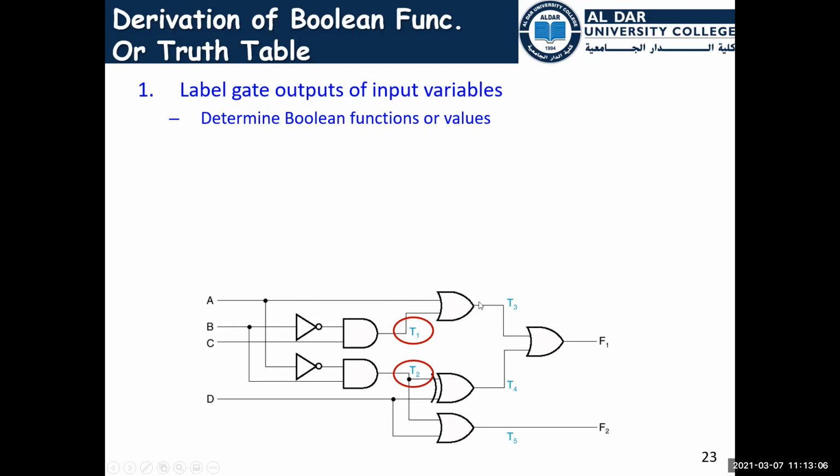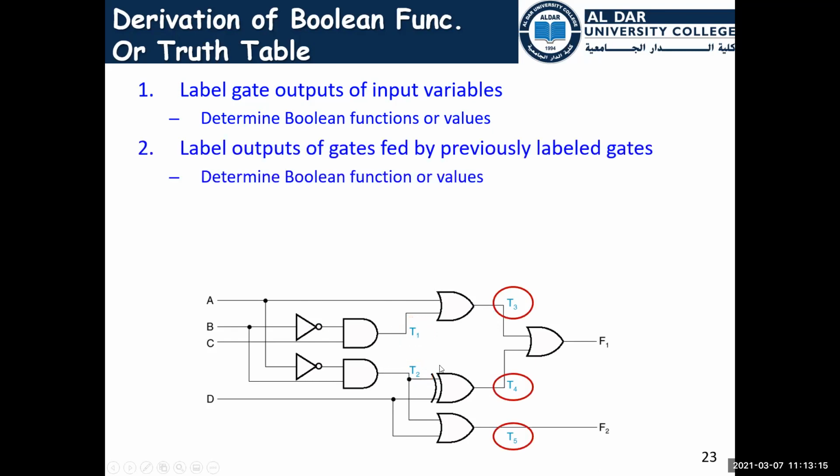This edge is T4, this edge is T3, this edge is T5, this edge is T1, this one is T2, and so on, and then start to write down the functionality or the Boolean expression for each one. Coming from back to front, start naming the variables until you name everything.